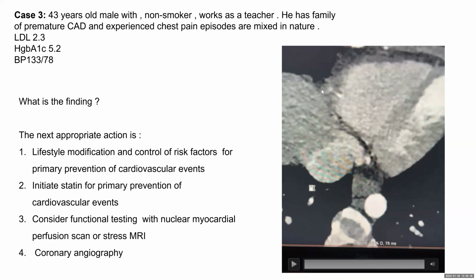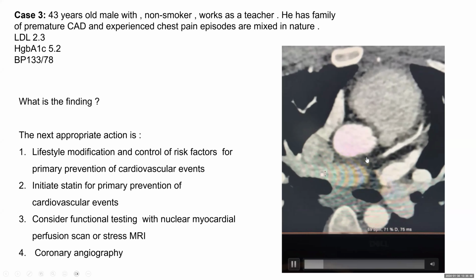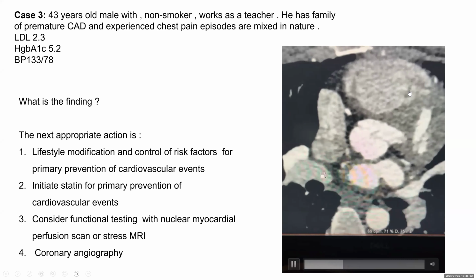Okay, so again, what you see is the contrast. He does not have any calcification. This is all the contrast in the vessels. You see it going all the way down the left main, as well as the LCX beautifully, and the LAD.